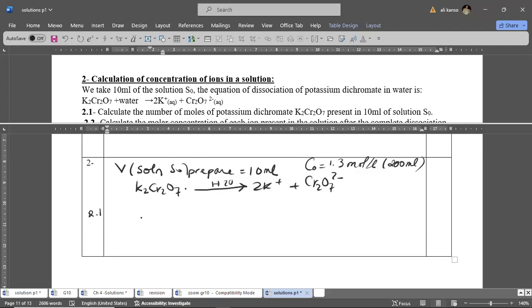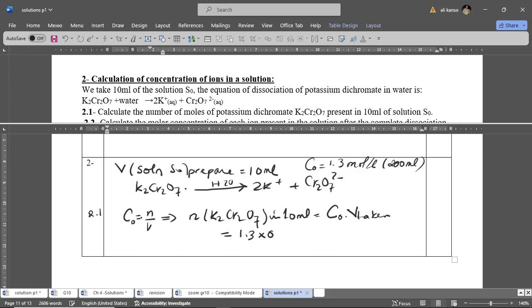You know that C0 equals N over V. So in order to find the number of mole of K2Cr2O7 in 10 milliliter, just multiply C times the volume taken. C is 1.3 and the volume is 0.01 liter. We get 0.013 mole. It is finished.